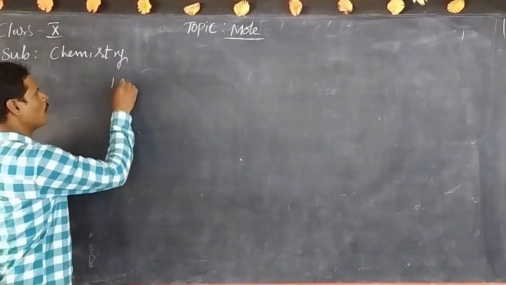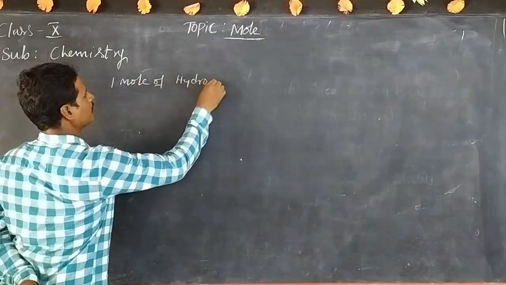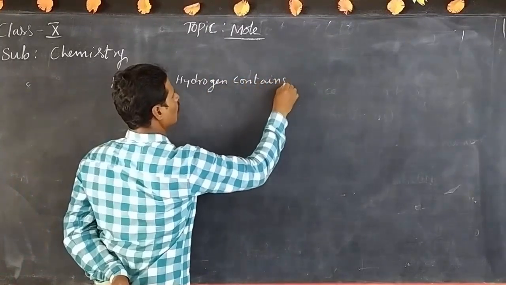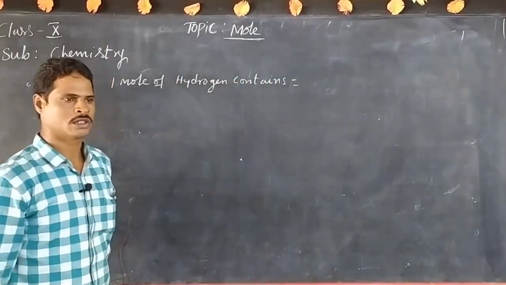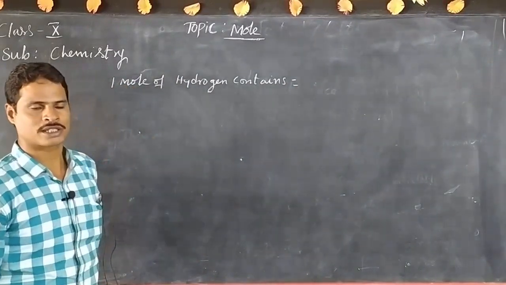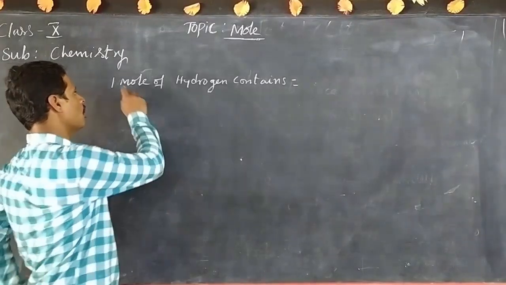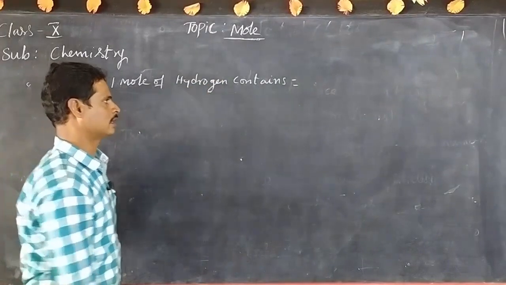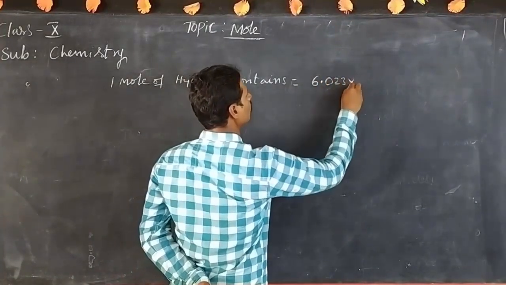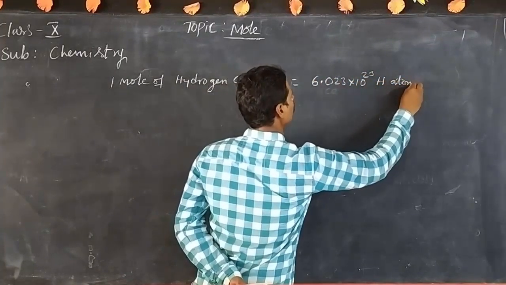Suppose 1 mole of hydrogen contains how many particles? Here how many moles are there? 1. Already I said 1 mole of any substance contains 6.023 into 10 to the power 23 particles. So 1 mole of hydrogen contains 6.023 into 10 to the power 23 hydrogen atoms.